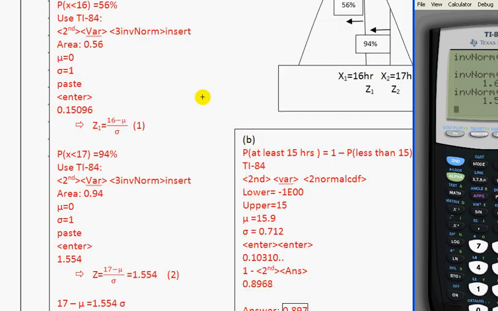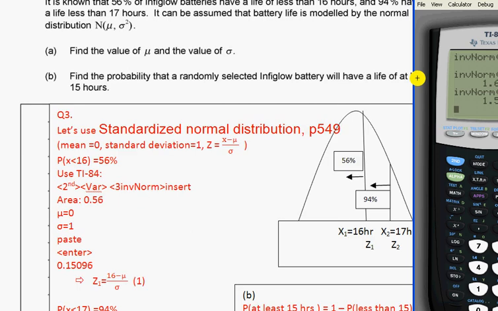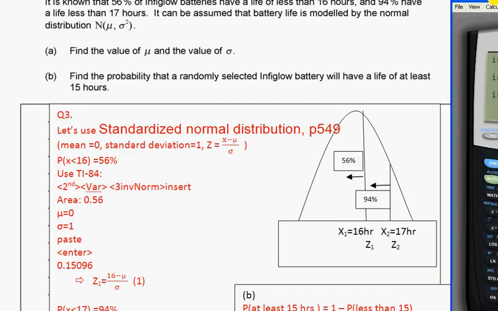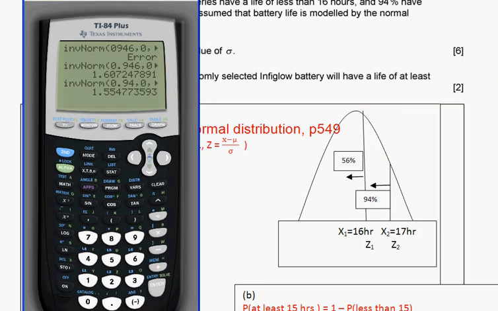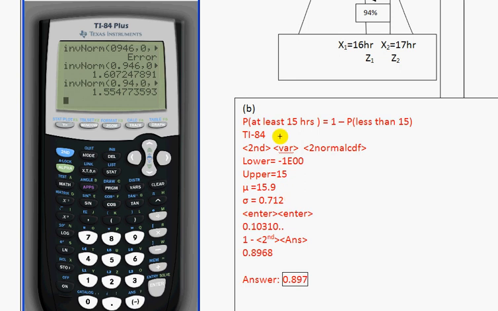Question B. Find the probability that the randomly selected battery will have a life of at least 15 hours. Probability of at least 15 hours equals 1 minus probability less than 15 hours. Now we should have normal CDF.